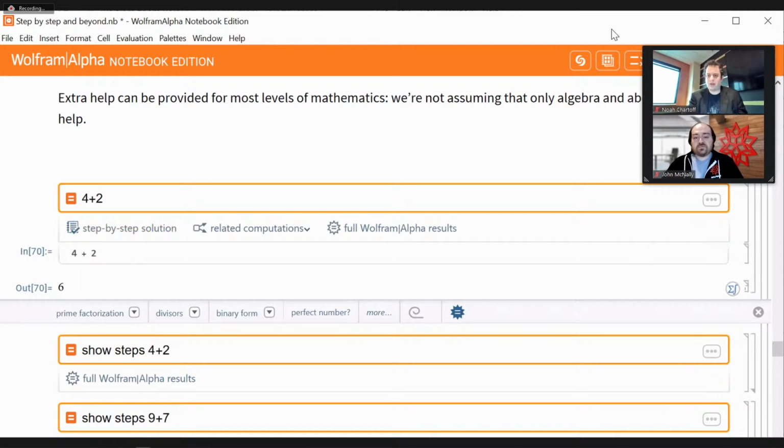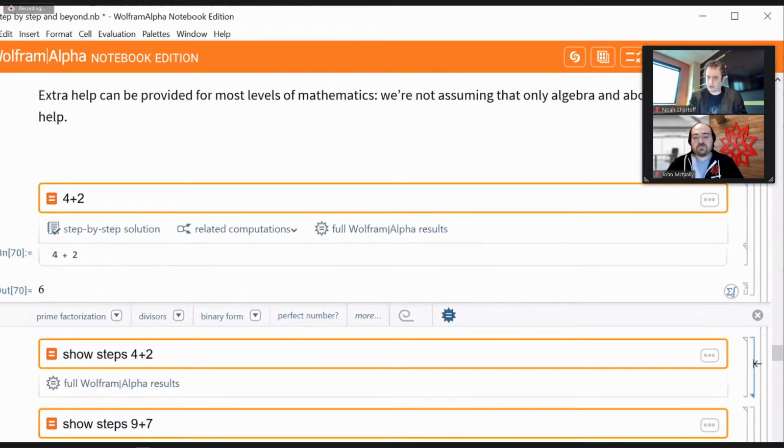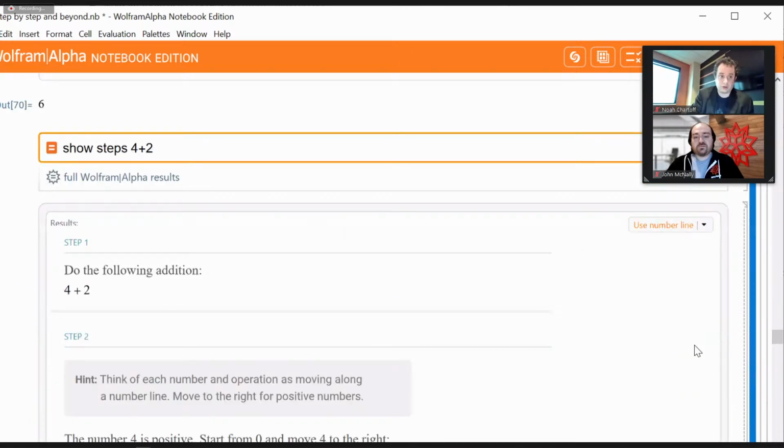So probably anyone who can use this program is able to do 4 plus 2 without step-by-step. But the step-by-step explanations can be helpful for teachers who are using this for younger students, or you could be dealing with someone who is advanced in terms of their ability to speak and communicate, but genuinely doesn't know arithmetic. Whatever your reason, we've got you covered.